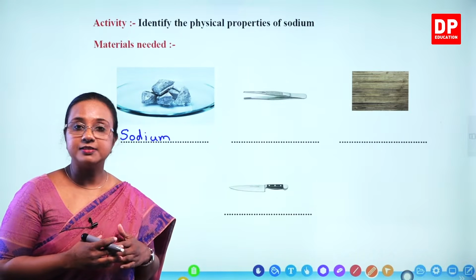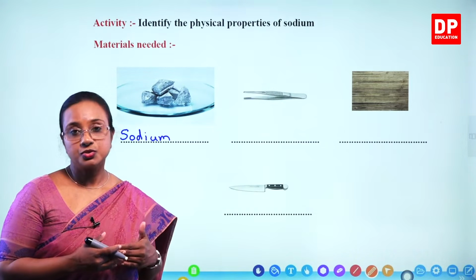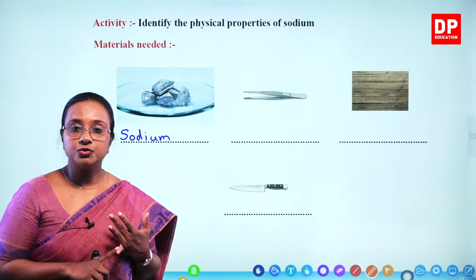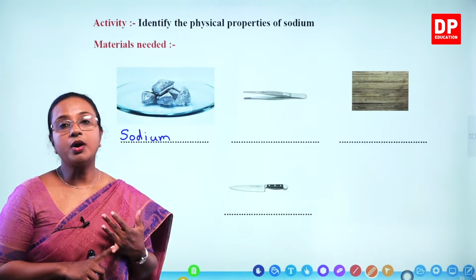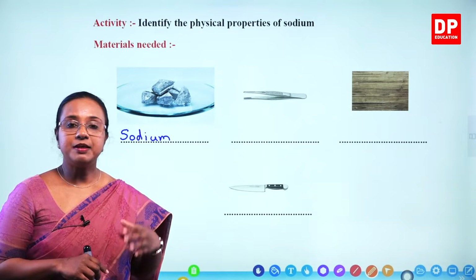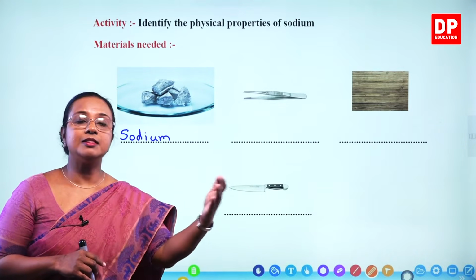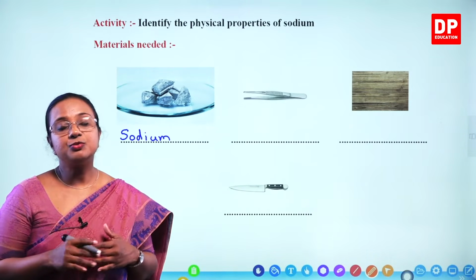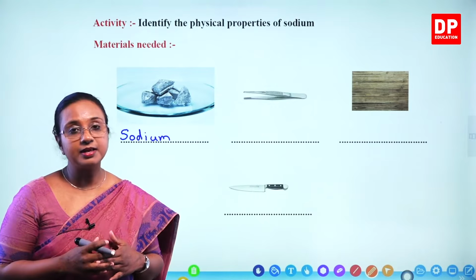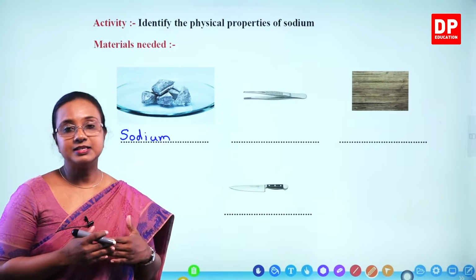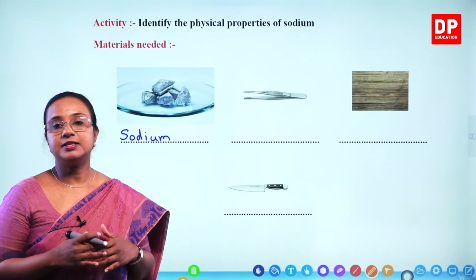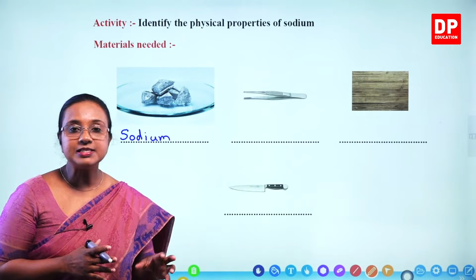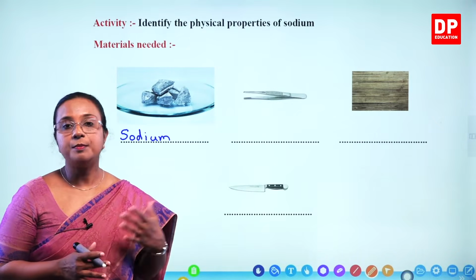So we have to take certain measures to store sodium in the laboratory. Usually, sodium is stored inside paraffin or kerosene. They prevent the reaction of sodium with atmospheric oxygen. And it has to be stored either in a brown colored bottle so that light doesn't make it react, or inside a plastic bottle, but always in kerosene or paraffin.